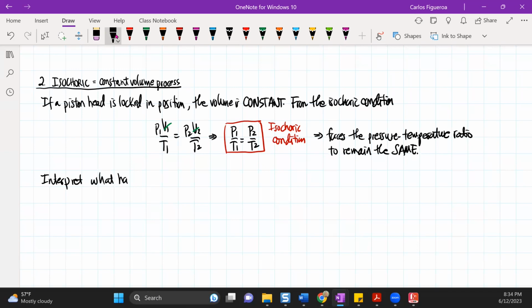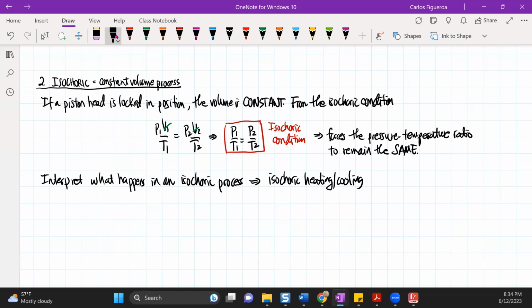So what we're going to do here is that we want to interpret what happens in an isochoric process. And what we find here is that there's 2 processes. There's isochoric heating and isochoric cooling.